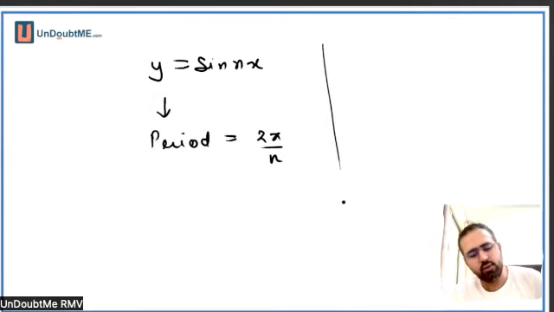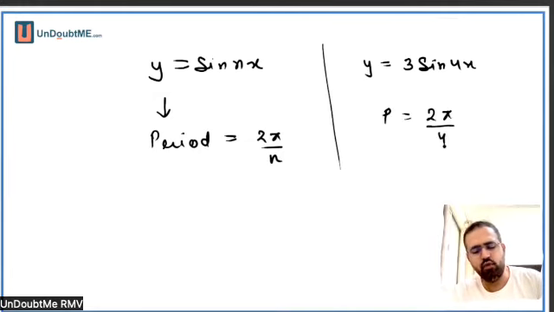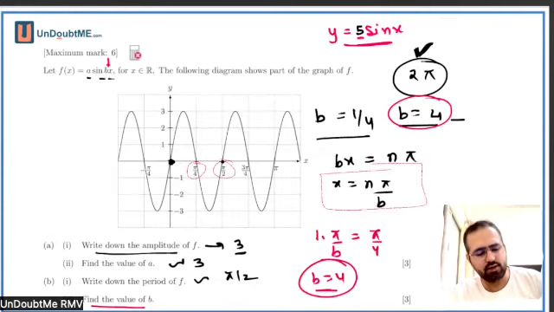Like in this question, it was 3 sine 4x. We have already solved it, so I'm just writing it directly. The period for this will be 2 pi by 4. You will get it as pi by 2. If you go back to this graph, we can see that it is completing one cycle in pi by 2 duration.